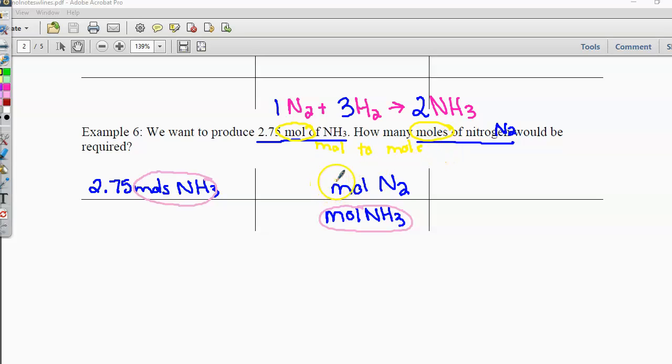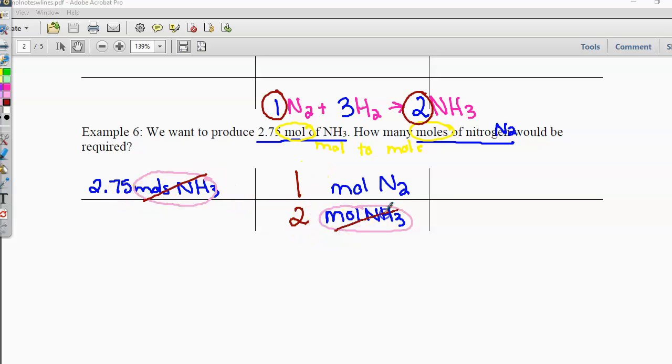And when we're doing a mole-to-mole problem, we use the coefficients from the balanced chemical equation. So moles of N2, the coefficient's 1. Moles of NH3, the coefficient's 2. When you solve this, you take the number that you're given, 2.75, multiplied by what's on top. So you take 2.75 times 1 divided by 2.